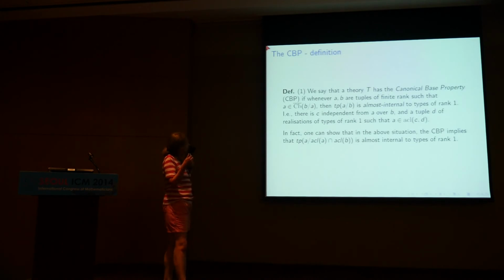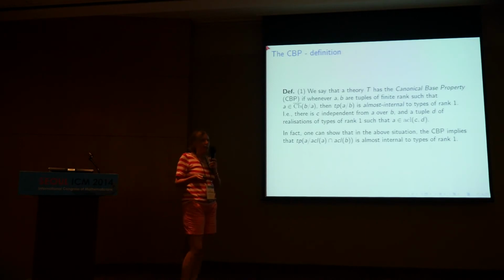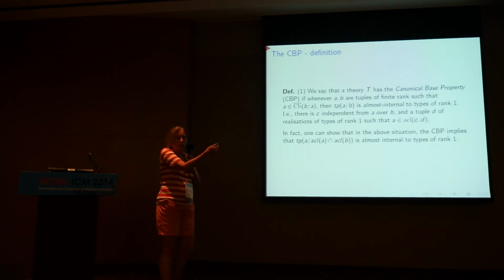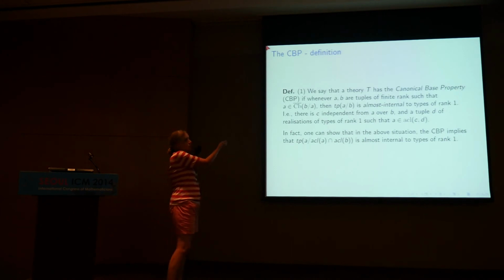Right, so the canonical base property says the following. Assume that we have this B, which satisfies a difference equation with coefficients in the difference field generated by A, and we assume that we really need all of A for that.